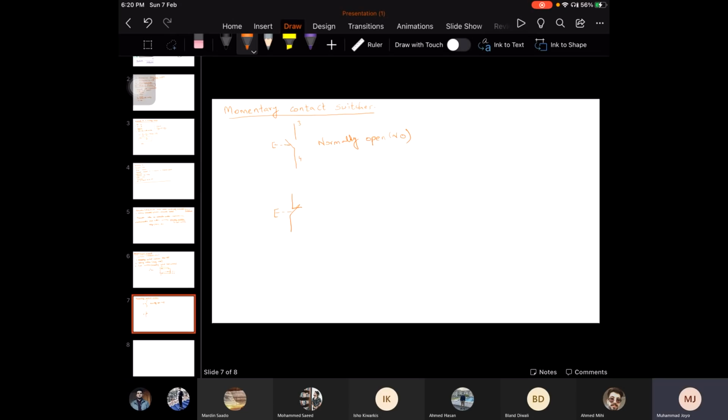So this is how it is symbolically represented. This is a normally closed momentary contact switch, or you can call it MC. In normal condition, pin number 1 and pin number 2 are connected to each other.